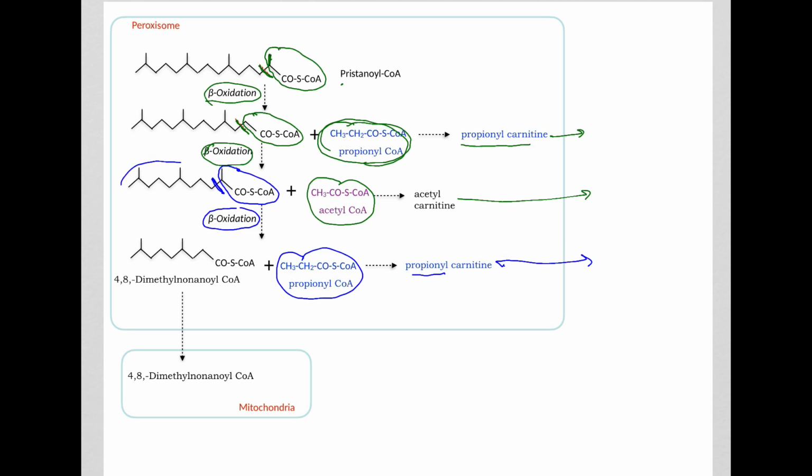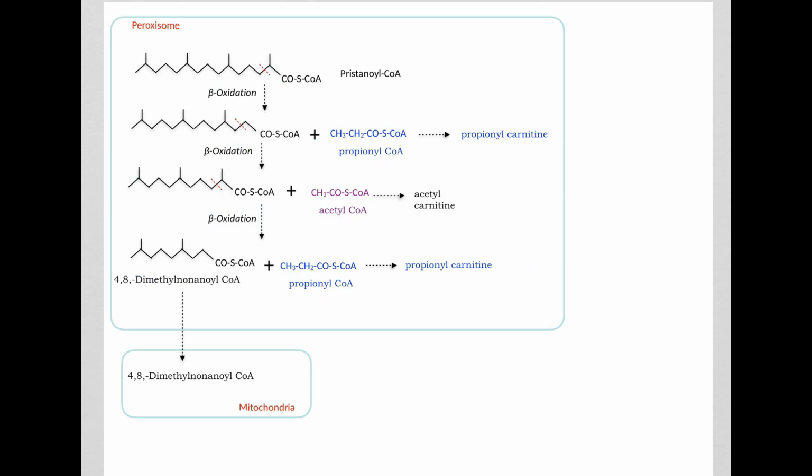Now this remaining part here will be 4,8-dimethyl-nonanyl-CoA. If we count the carbons here, that's 1, 2, 3, 4, 5, 6, 7, 8, 9. So that's nona. So this is nonanyl-CoA.